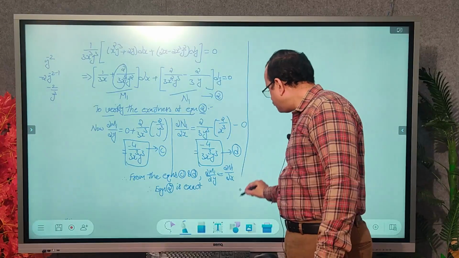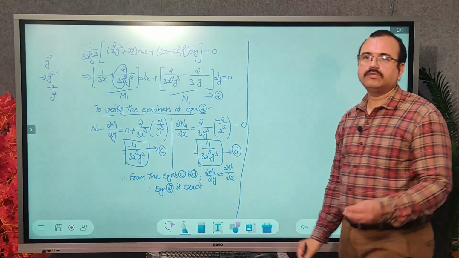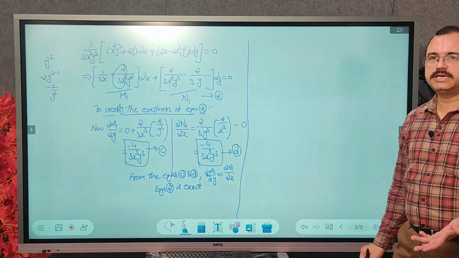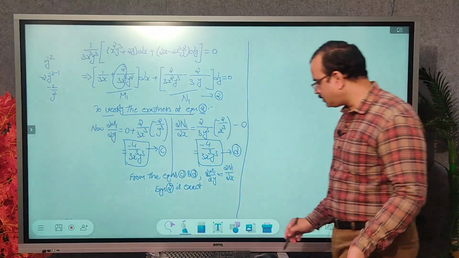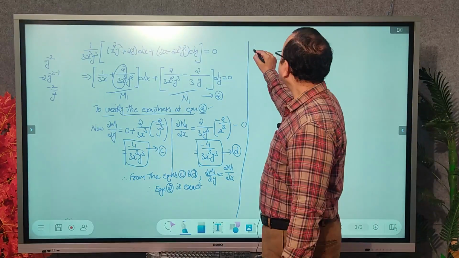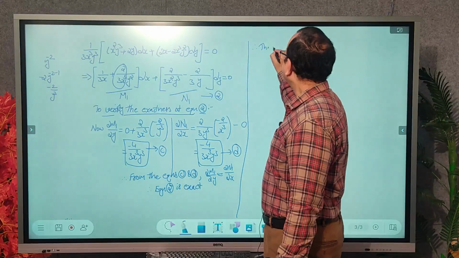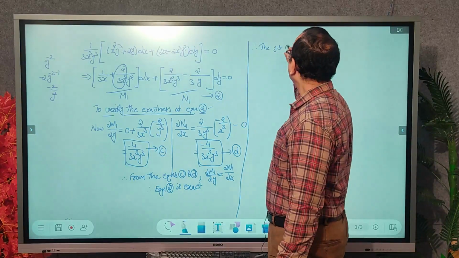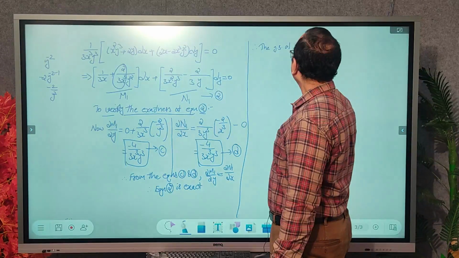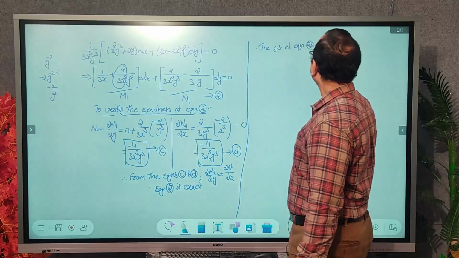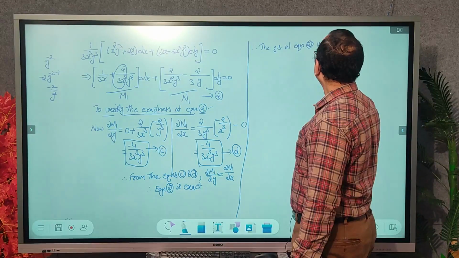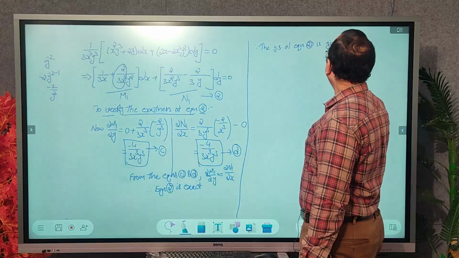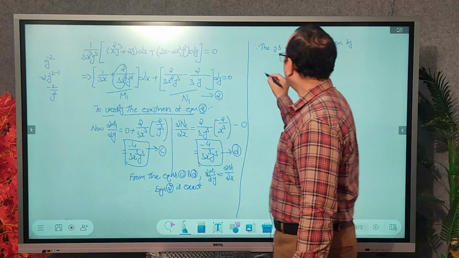And later on we know, once you identify an equation as exact, how to find its general solution. Therefore the general solution of equation 2 is given by, so what is the formula?